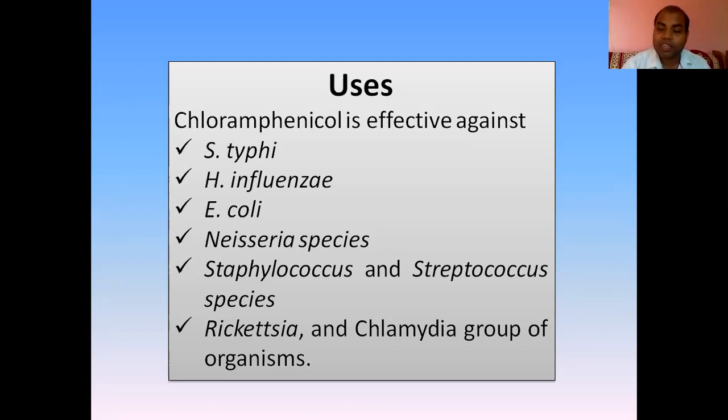Along with that, it is effective against staphylococcus and streptococcus species, that means skin infection along with respiratory tract infection. It is also effective against chlamydia and rickettsia groups of organisms. That makes chloramphenicol a broad spectrum antibiotic, effective against all kinds of bacterial disease, and also very useful for treating conjunctivitis.